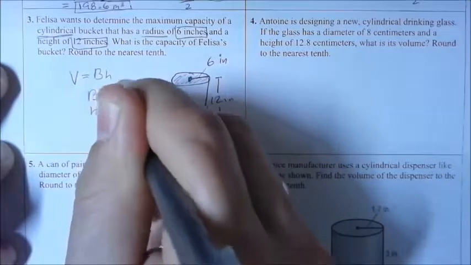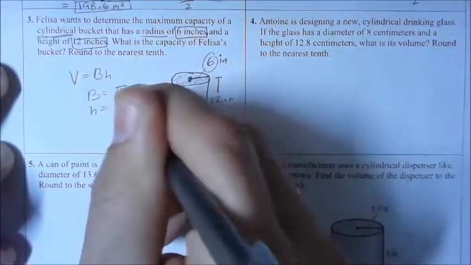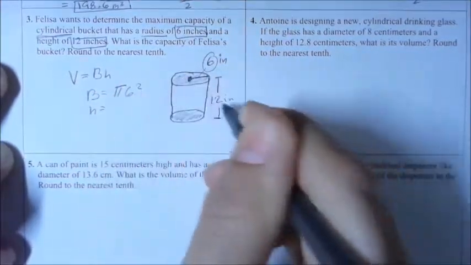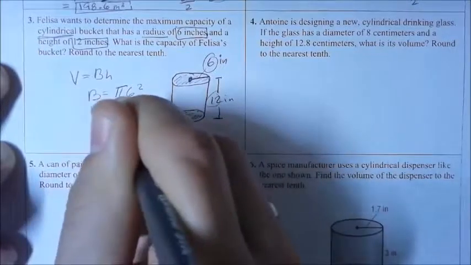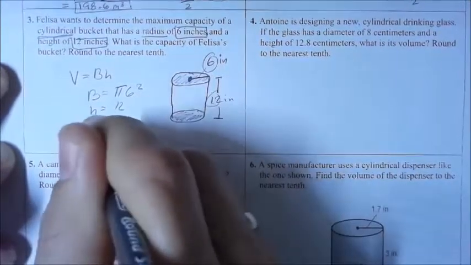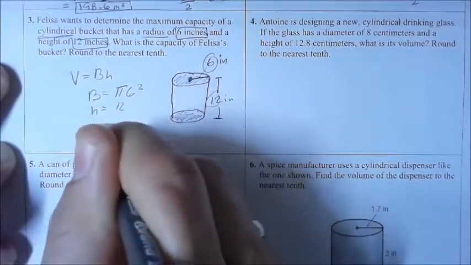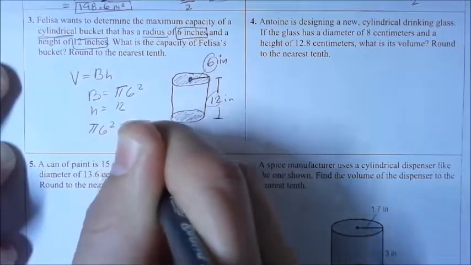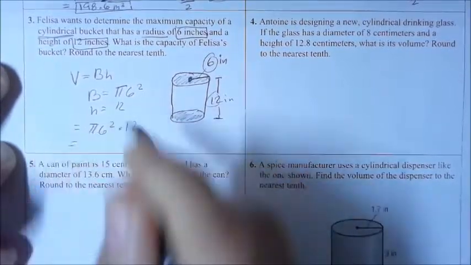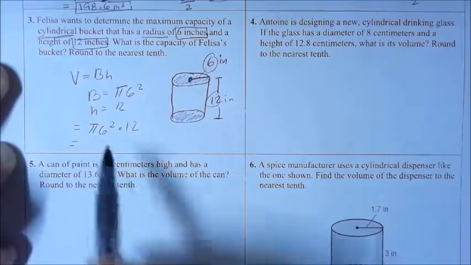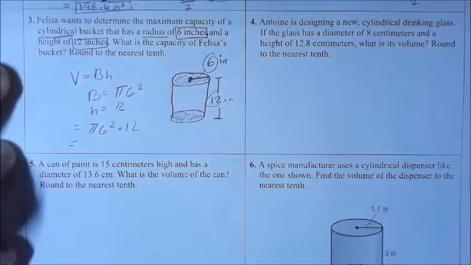So we're going to say pi times r, which is 6, squared, times my height, which is 12, and that gives us pi 6 squared times 12. And once I put that into my calculator and solve it, it's going to give me my answer. And I want you from here, so we've done a few of these, and I think you can figure out the rest on your own. I want you to complete this page, all 6 numbers, and then start on the next part of the lesson.